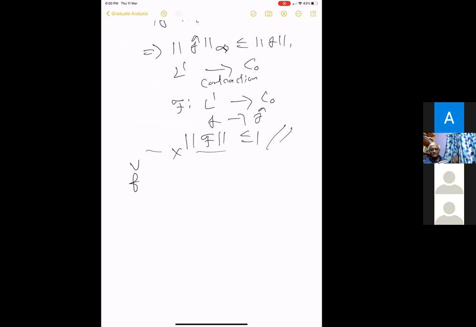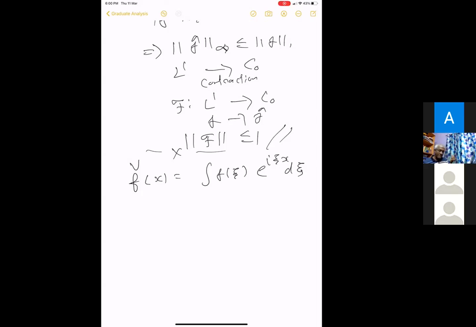We want to ask something: f check of x equals the integral of f of xi times e to the power i xi x d xi. This is what is called the inverse Fourier transform. In the definition of the Fourier transform, you had e power minus; here you don't have the minus sign, you have a plus sign.